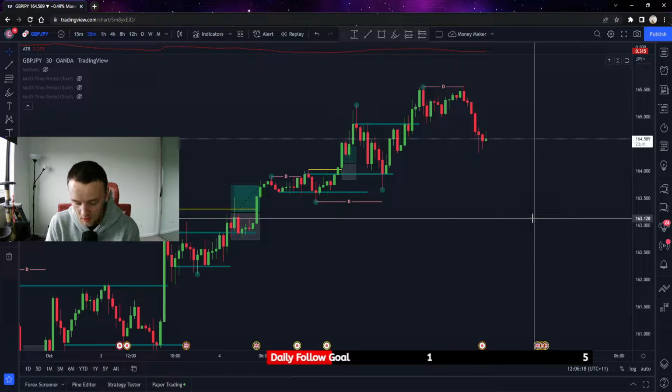So I had gold, GJ, Euro USD, and AUD USD, and I feel like Euro USD has been giving me the setups that I need more consistently than AUD USD, as they move kind of similar.